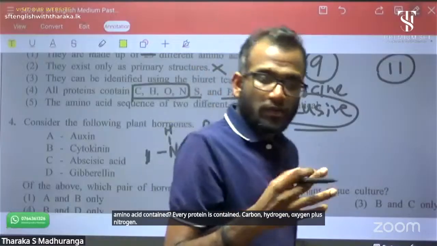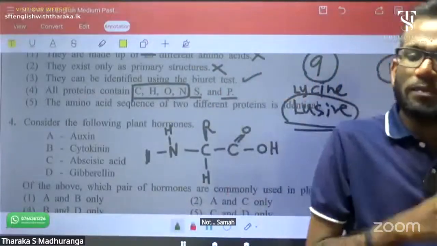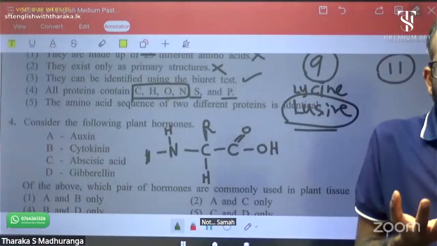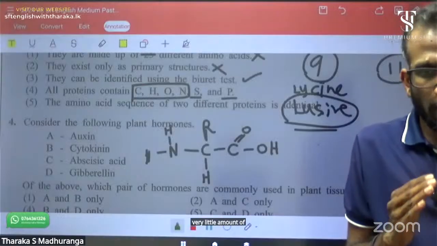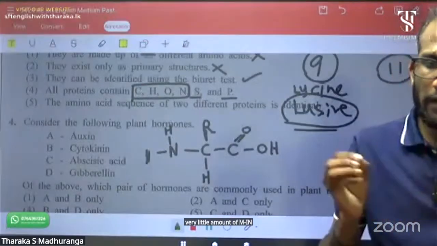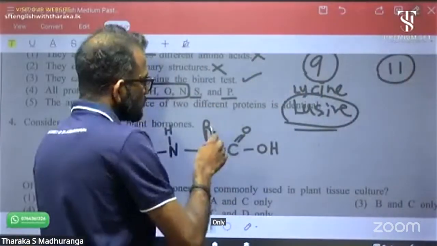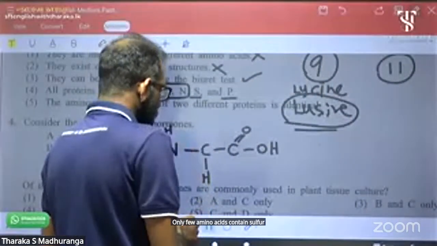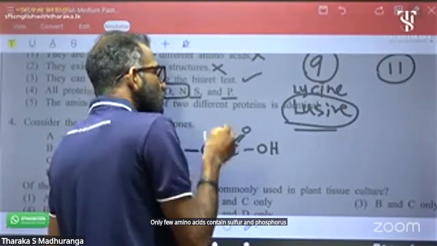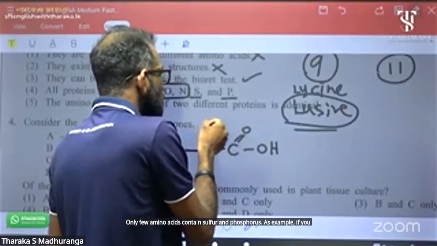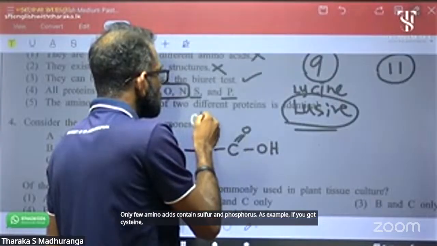Only very few amino acids contain sulfur and phosphorus. As an example, cysteine is a sulfur-containing amino acid. Its R chain is CH2SH.